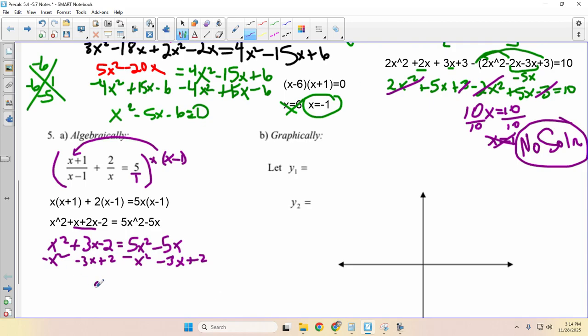So then I get 0 equals 4x squared minus 8x plus 2. I'm going to divide everything by a factor of 2. That way my quadratic formula is going to be a little bit easier. 2x squared minus 4x plus 1.